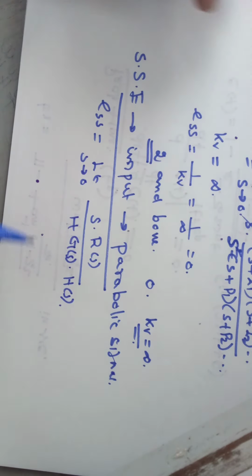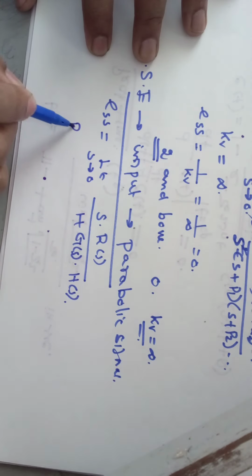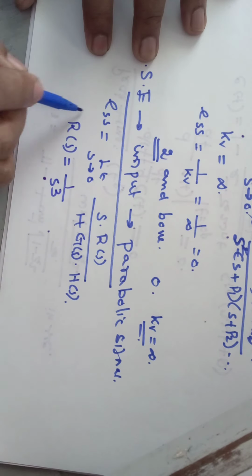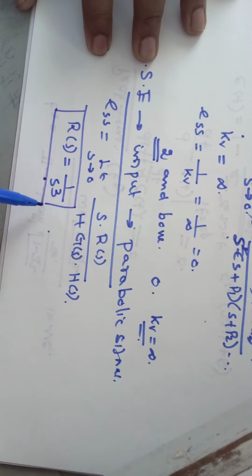Now, for a parabolic signal, the value of R(s) is equal to 1 by s cube. This is the Laplace transform of your input.